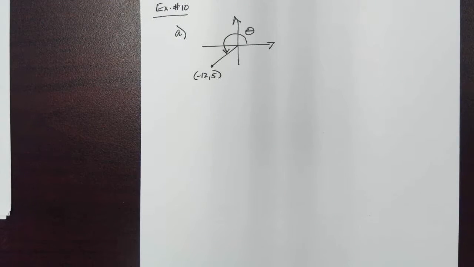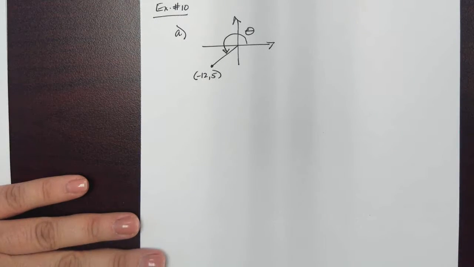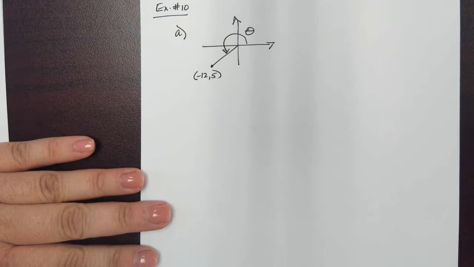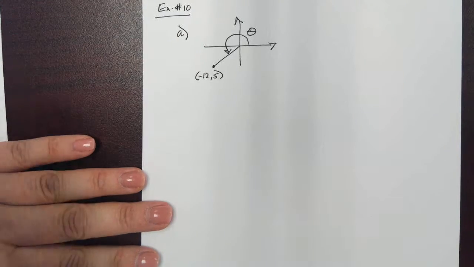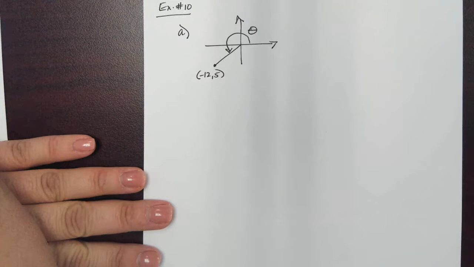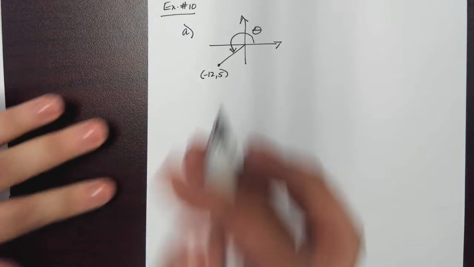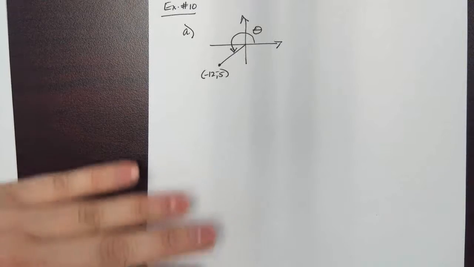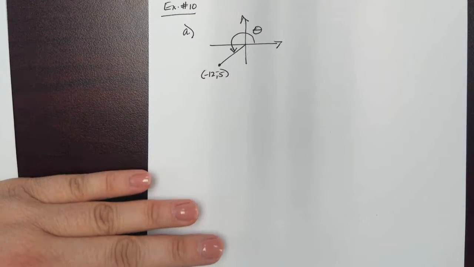And our instructions are to find the values of all 6 trigonometric functions of theta. The point is negative 12, negative 5. Yes, negative 12, negative 5.